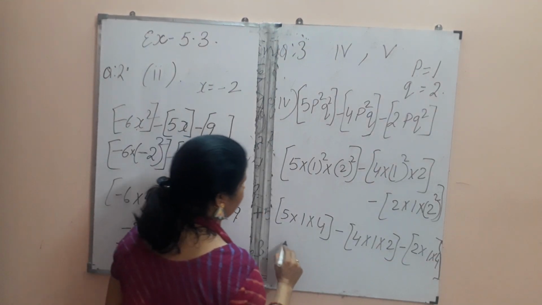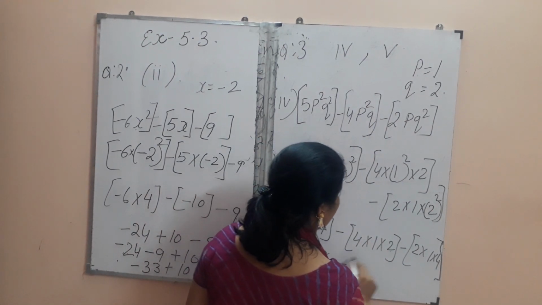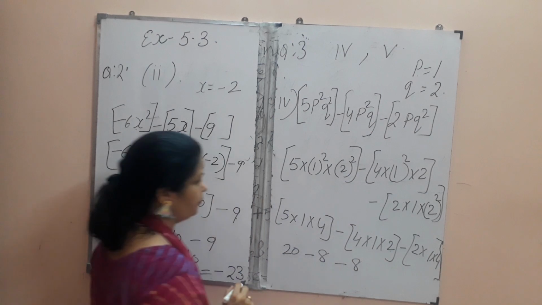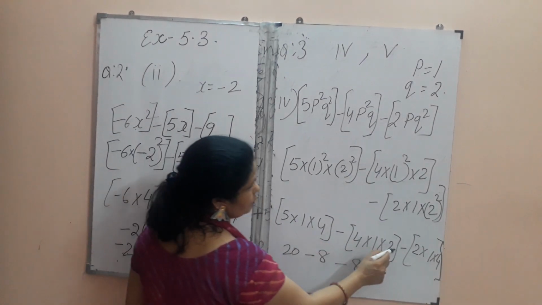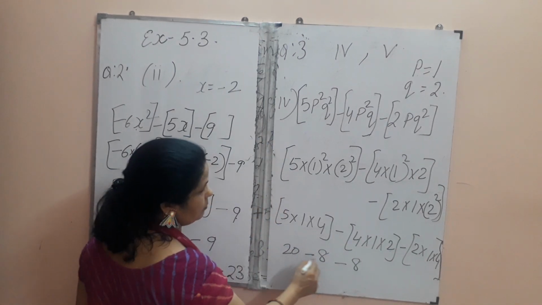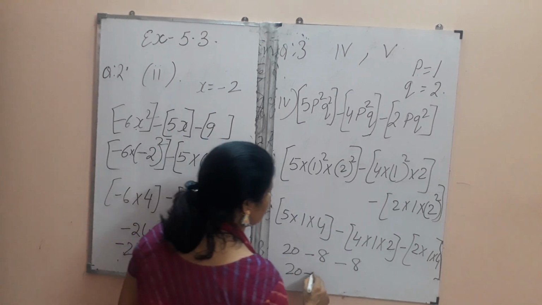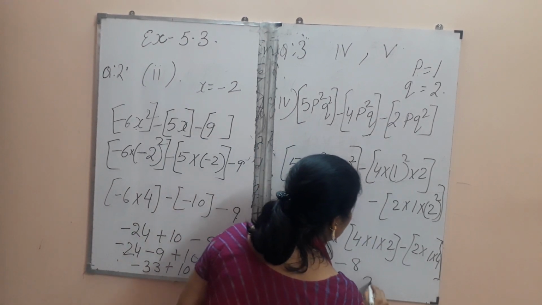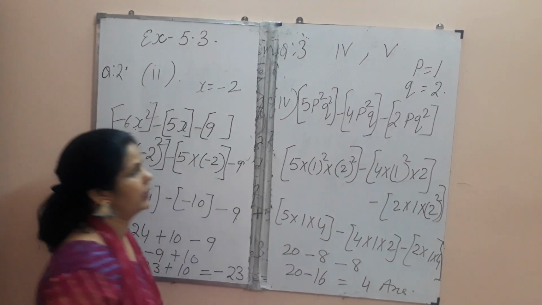Now 5 4s are 20, minus 4 2s are 8, minus 2 4s are 8. Understood? Now minus minus we will add. So plus 20 minus 16 equals 4. 4 is the answer. So understood?